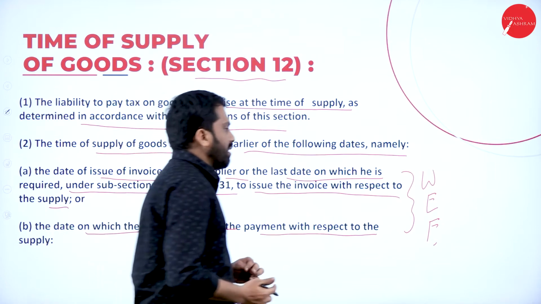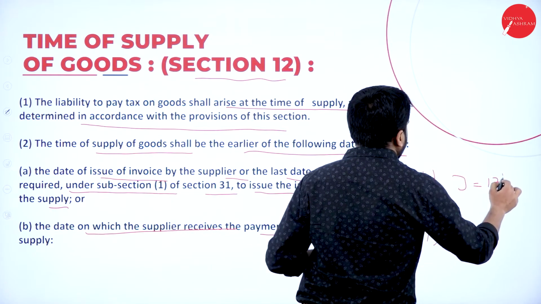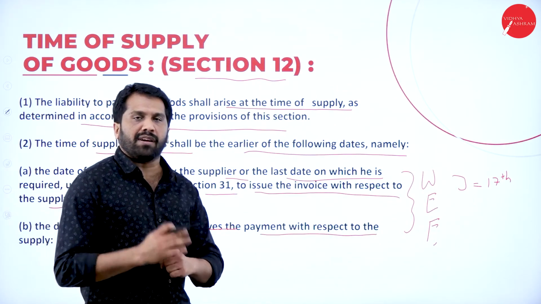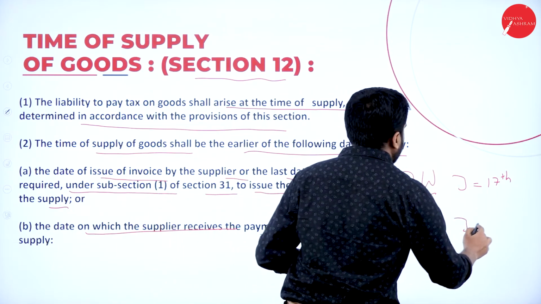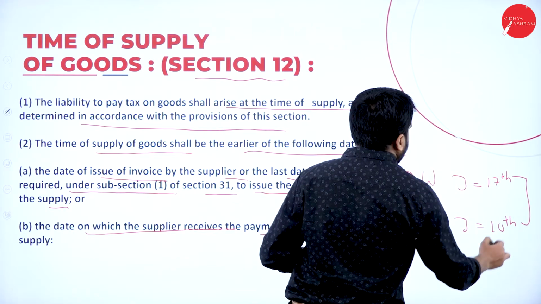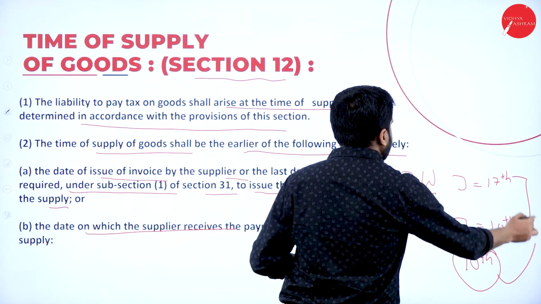Your invoice is made on January 17th. Before preparing the invoice, they are very close to you and have given payment itself. Payment collected on January 10th. What is your time of supply? In this case, January 10th is your time of supply.